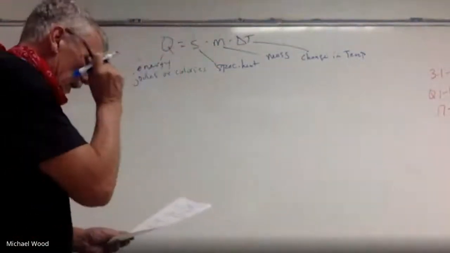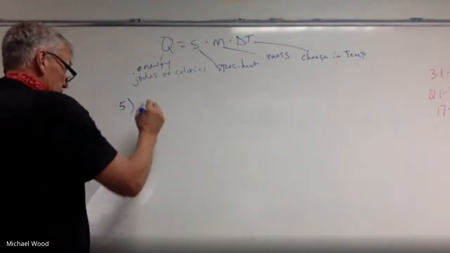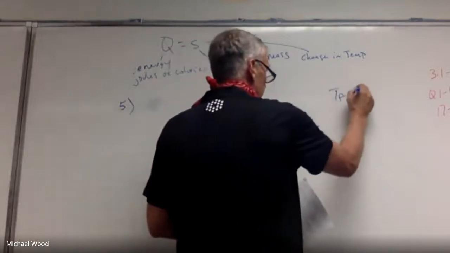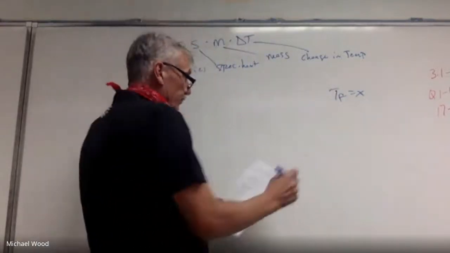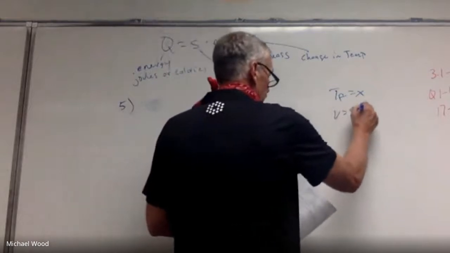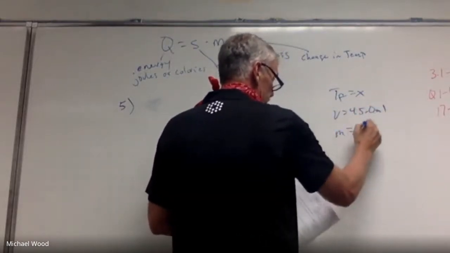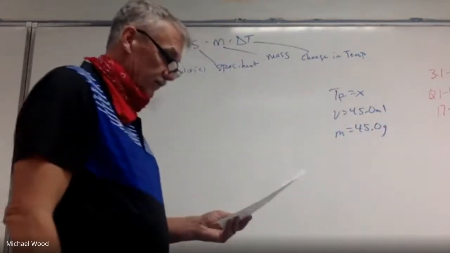Okay, so if I read this again and I label everything on number 5, number 5 says, what will the final temperature be? So I'm going to put over here, TF, temperature final, is X. If 45 milliliters, so the volume is 45 mL, which means that this is again water, so what they're really telling us there is the mass is 45.